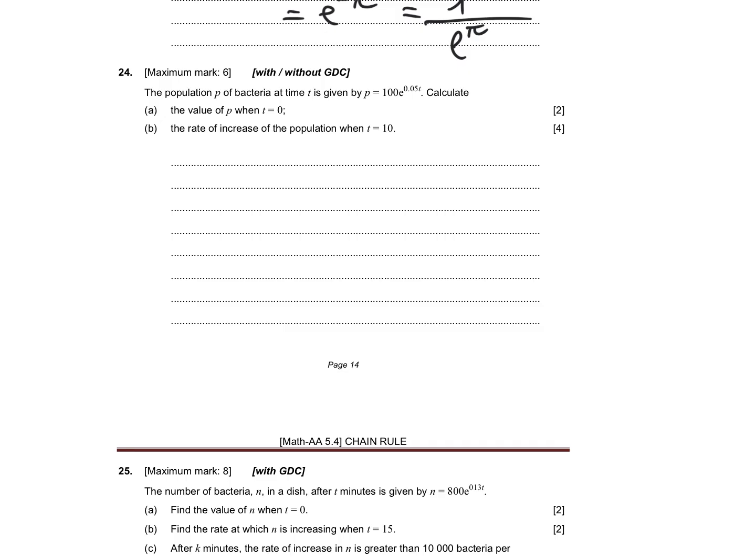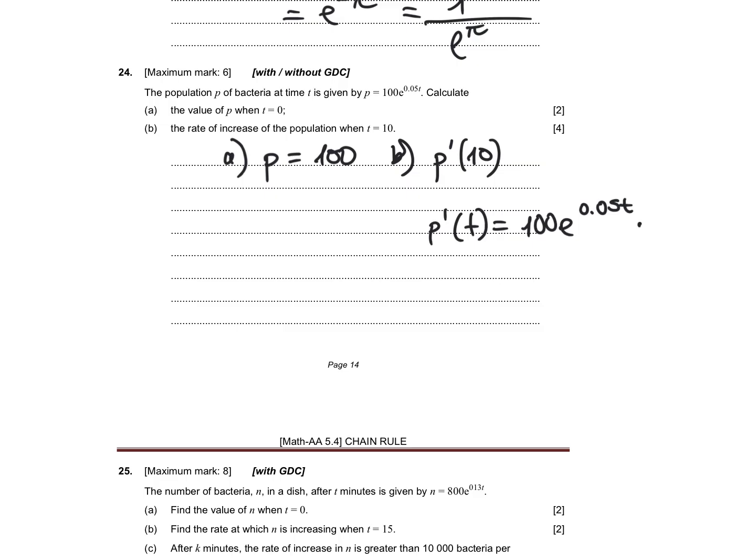So 24, the population is given by this function. Calculate when t is 0. So e to the 0 is 1, so p at time 0 is 100. And the rate of increase when the population is 10, so we want p prime at 10 is what they're asking. So p prime t is going to be 100 e to the 0.05t times 0.05.